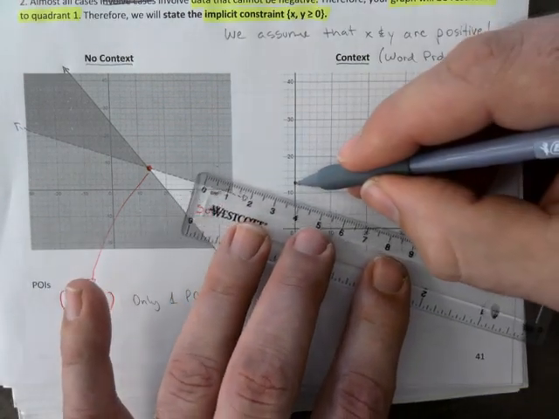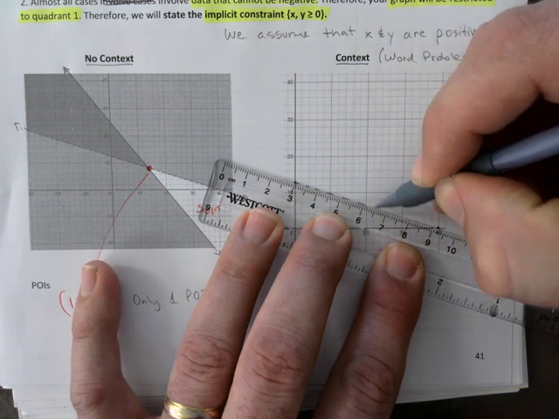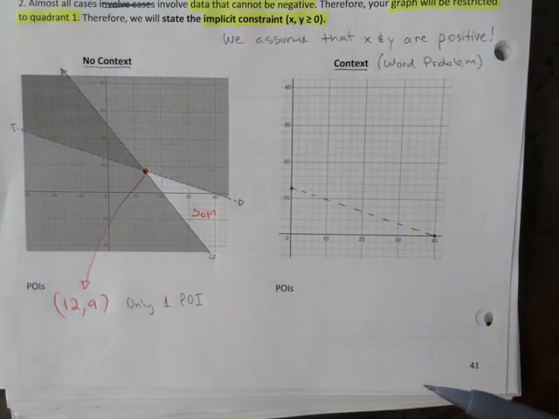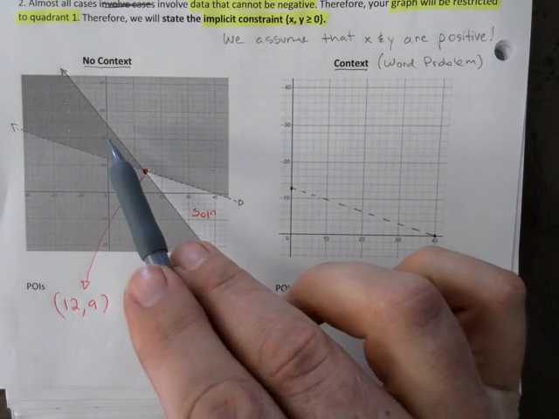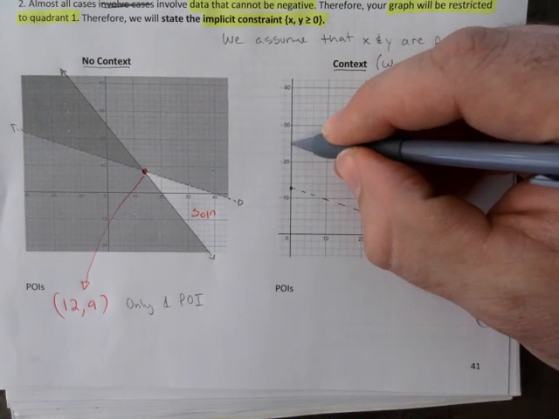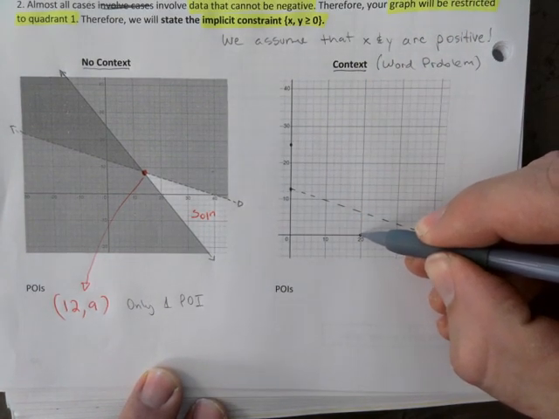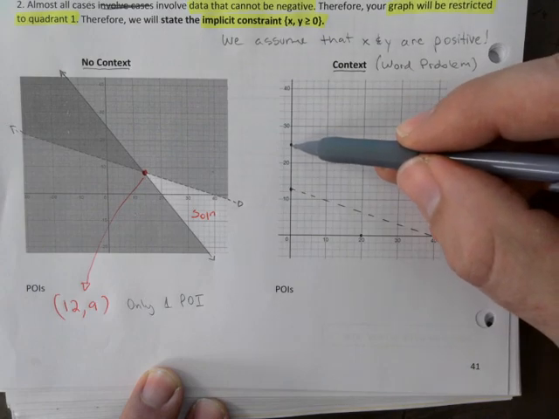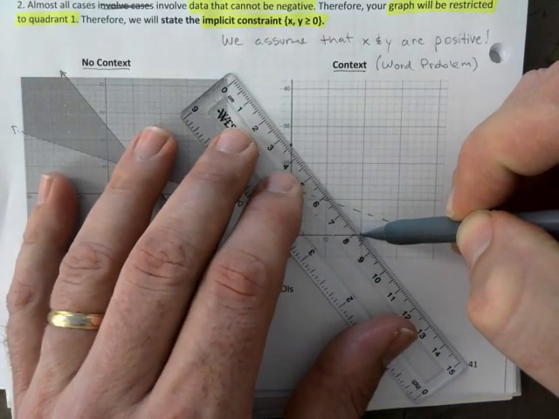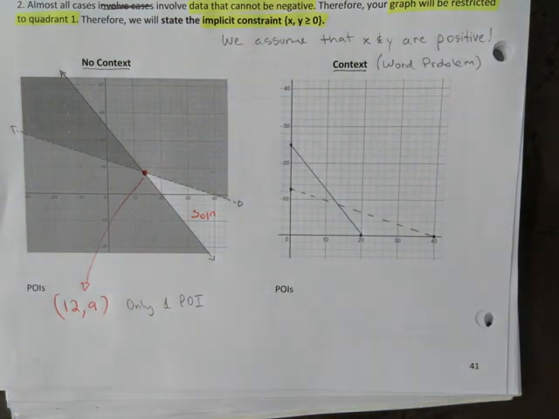Make a dashed line there. Okay. And the other goes anywhere between 20 and 30. I think it's exactly between 20 and 30. And it collides here at 20, 0. So anywhere between 20 and 30 here, and then right at 20 there. Notice that I'm not crossing the axes. I'm stopping.